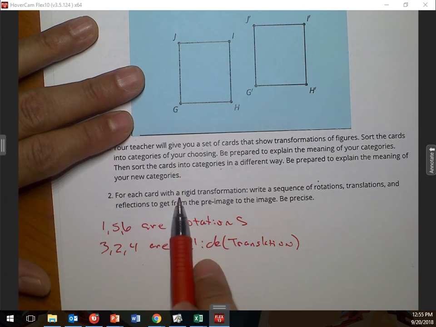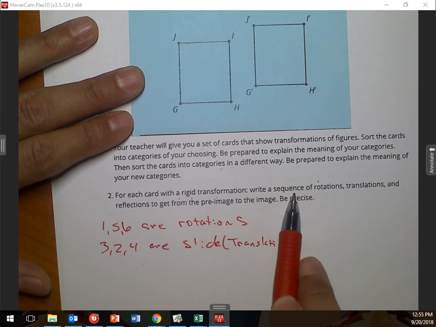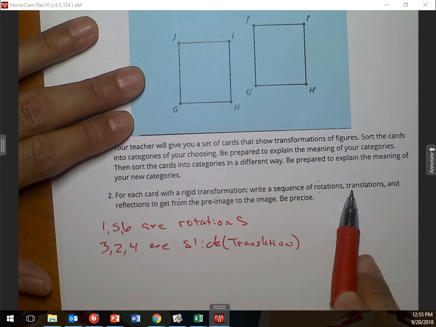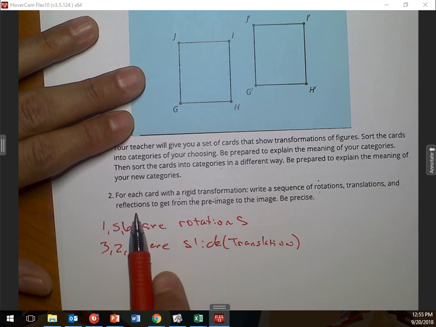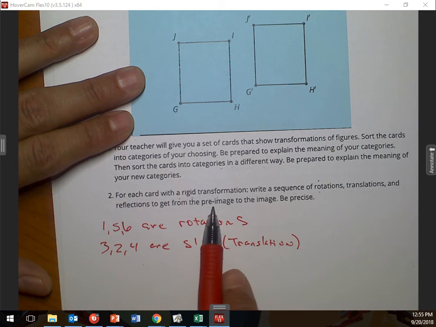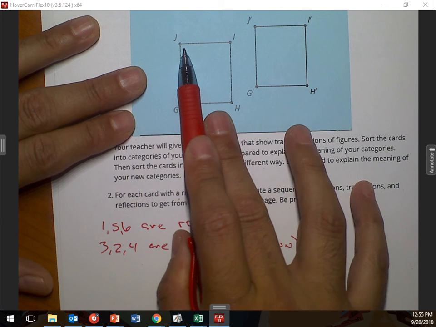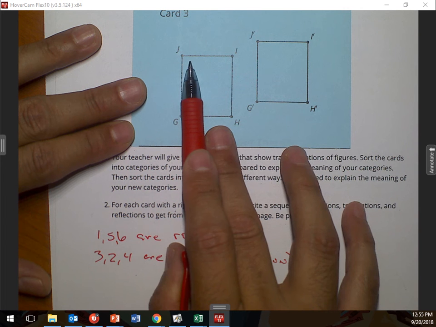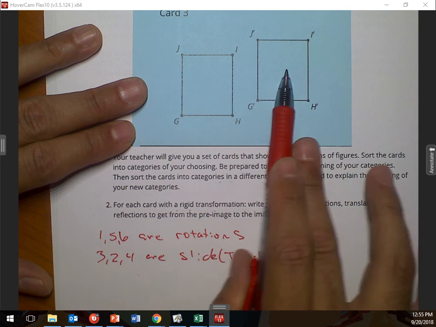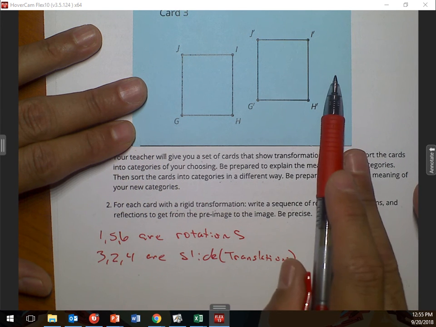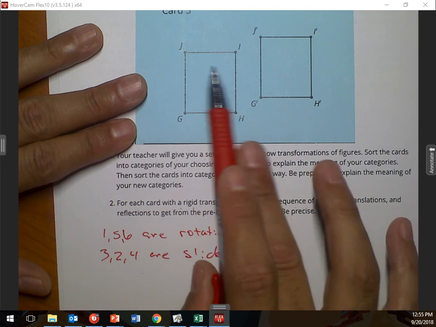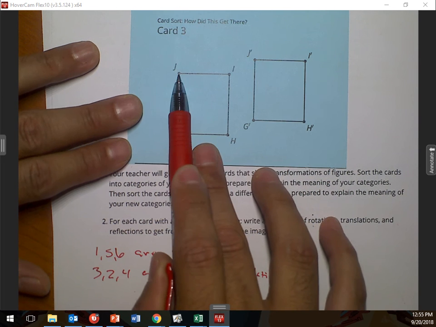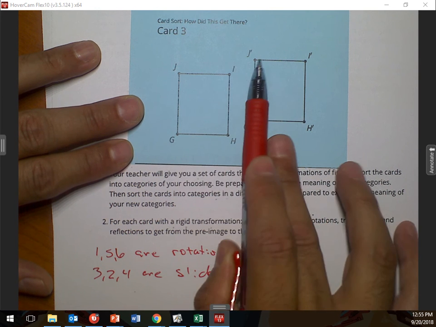Okay, so it says for each rigid transformation, write a sequence of rotation, translation, and reflection to get from the pre-image to the image. Be precise. So what did we do here? This was a translation, so it's going to be a translation from J to J prime. Very good.